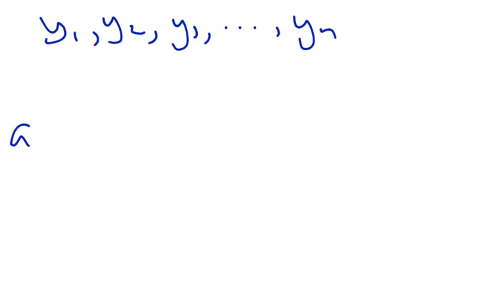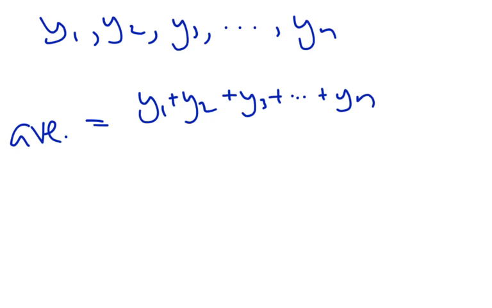Then, from 4th grade mathematics, to find the average, we would add together all of these y values, add them all together like this, and then divide by how many there are. Divide by n. And that's how we find average, back in 4th or 5th grade, whenever you first learned it.